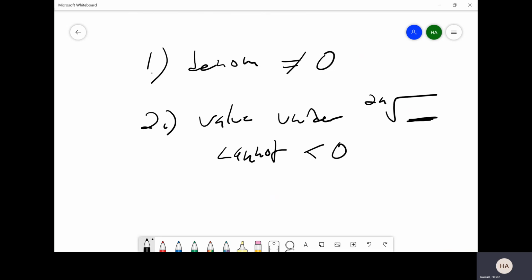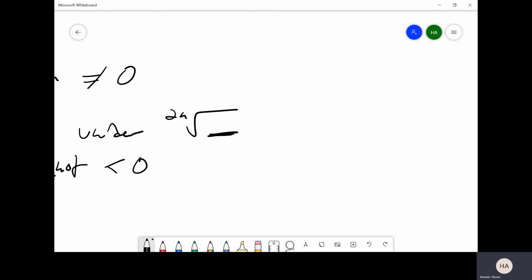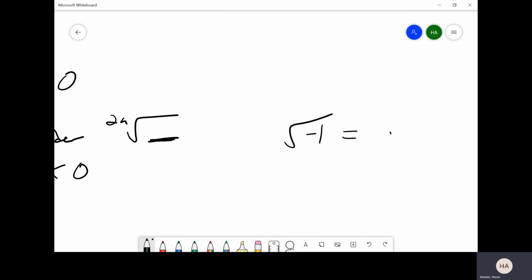We already talked about this, right? If you have a negative underneath of a square root, a 4th root, a 6th root, whatever the case, as long as it's an even root, if it's negative, you get a complex number, which means it's not defined by real numbers. We always talk about the base case, the square root of -1, which we talked about means i, which means that there are no real answers.